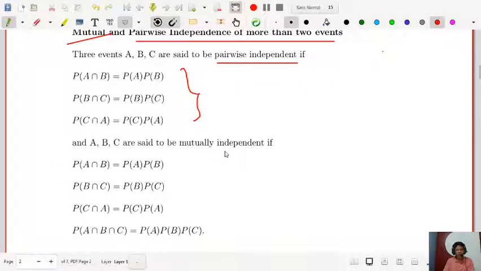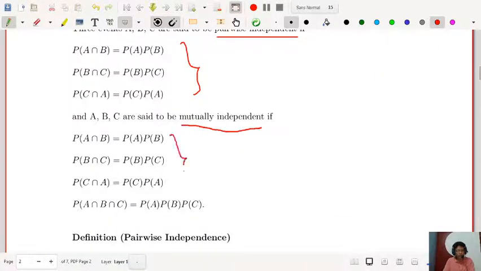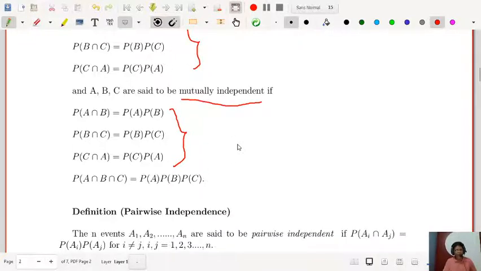Okay, this is called pairwise independent. And what is mutual independence? Mutual independence means these three relations will hold, and with this you have an additional condition that the probability of A intersection B intersection C equals the probability of A into the probability of B into the probability of C. This is called mutual independent.